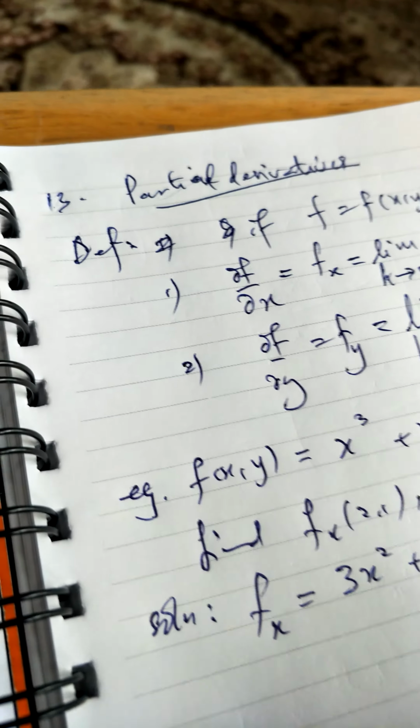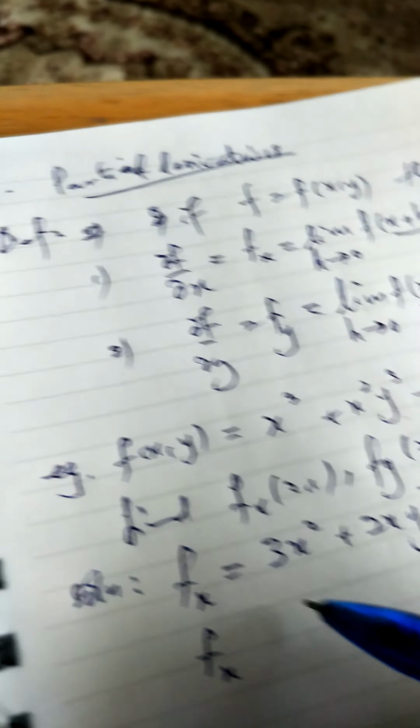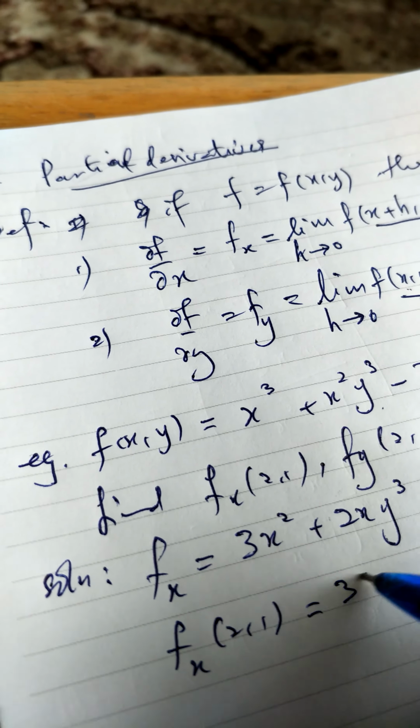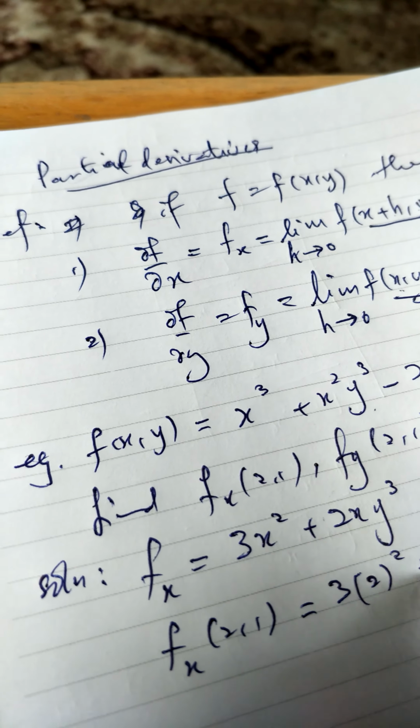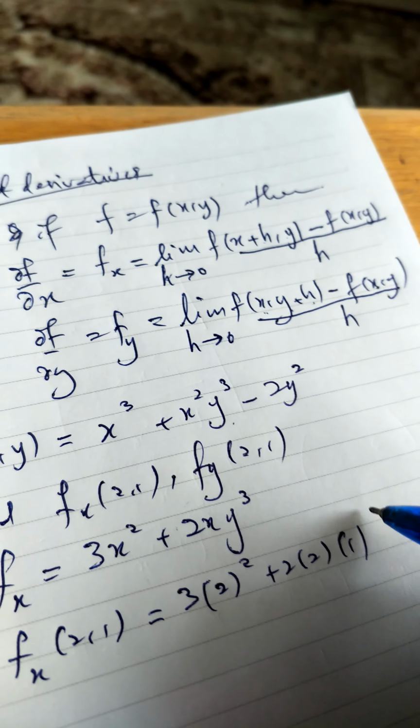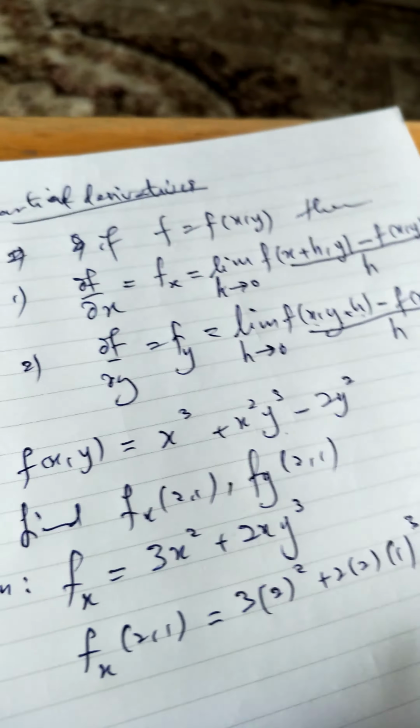And then we evaluate at point (2, 1). So we have 3 times 2 squared plus 2 times 2 times 1 cubed. So you can solve this.